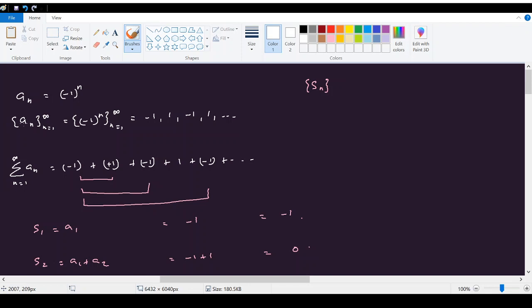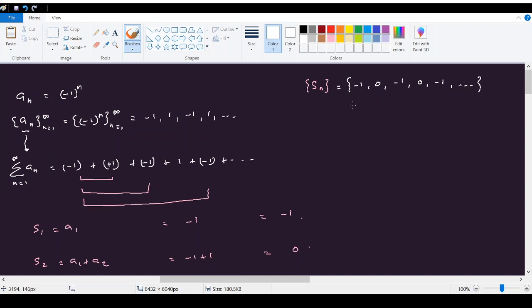The first is the sequence of the terms used in the series, which is a_n, and the other is the sequence of partial sums, which is an oscillating sequence that has only two values interchangeably. So at each point this sequence will have either -1 or 0.